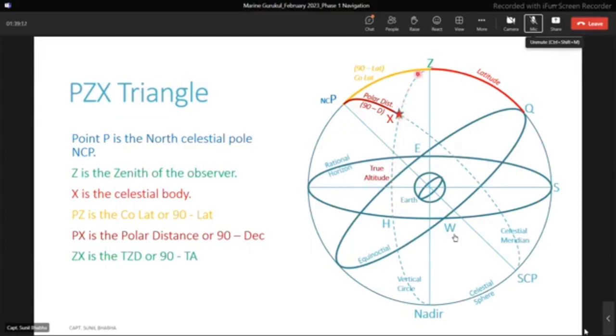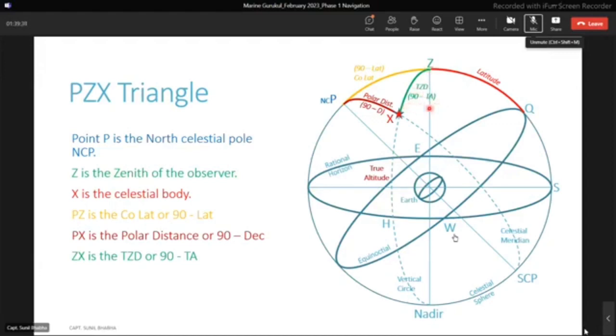This side is known as the true zenith distance of the body, TZD in short. I have highlighted this side in green color. Let's label it as the true zenith distance, TZD, and it is equal to 90 minus true altitude.